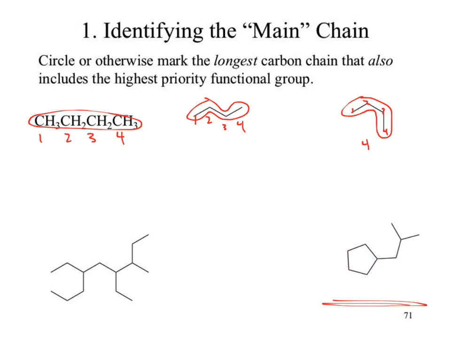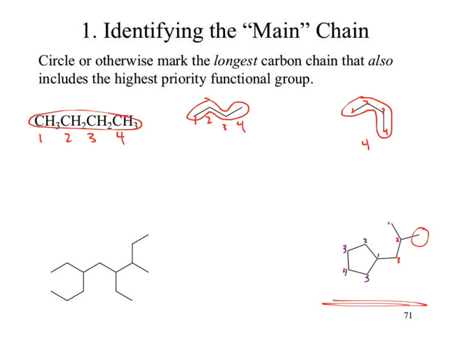Okay, so the next part, 1, 2, 3. I won't include that as a 4, because where's 4? 4 is part of the ring, so I'll start that as 1, 2, 3, 4, 5. For the red one, notice I didn't include that piece. It would be a substituent on that. Where's my main chain?